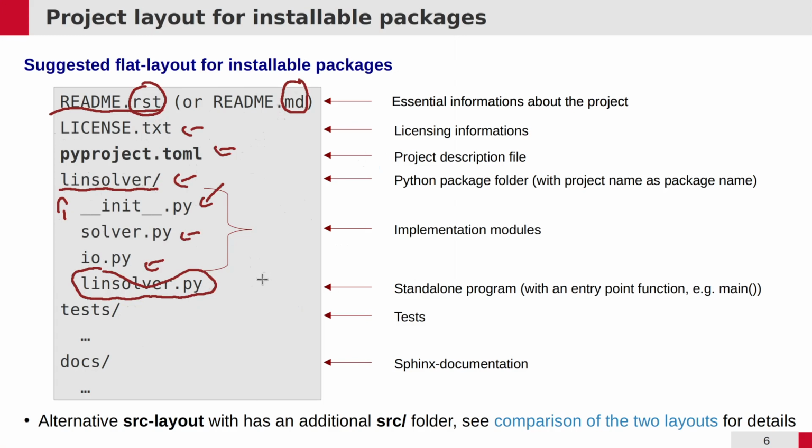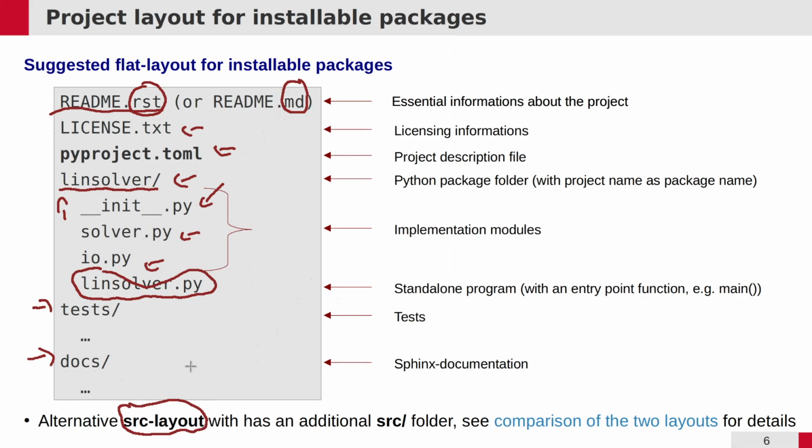Apart from the package folder, of course, you should have a folder for tests, which is by definition usually called test or tests, and the docs folder for the Sphinx documentation. The layout which I'm showing here is a so-called flat layout for an installable package, and there's also an alternative layout which is called the SRC layout, where you have an SRC folder and your project package folder is within the SRC folder. I'm not explaining it because it needs a little bit more tweaks for beginners.